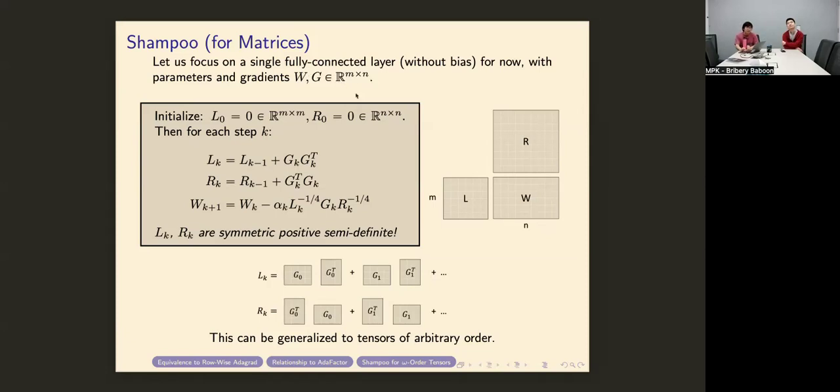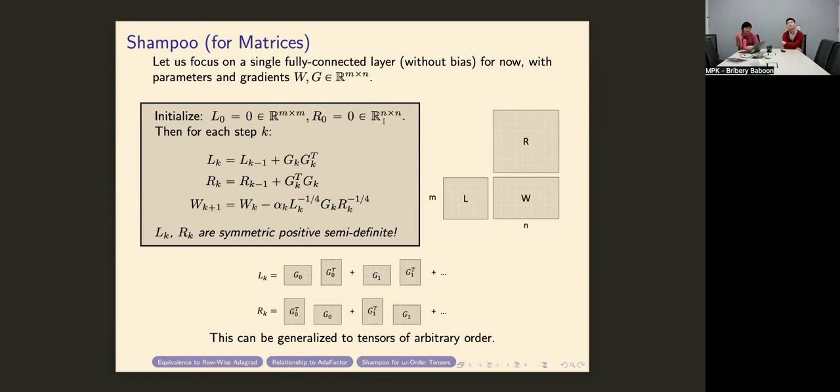Instead of constructing a full matrix on that flattened vector, or storing a state that is also m by n and doing element-wise transformations, I'm now going to store two optimizer states. One corresponds to a left matrix transformation that is m by m, and a right matrix transformation that is n by n. Previously, a diagonal Adagrad would have required me to store mn, an m by n matrix.